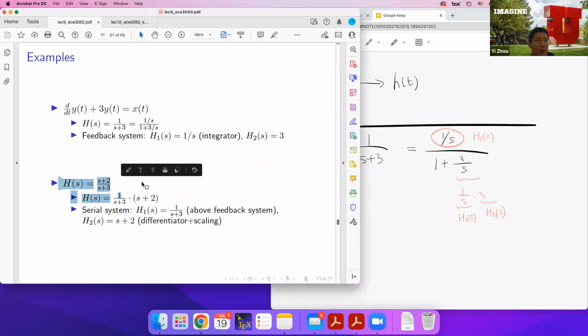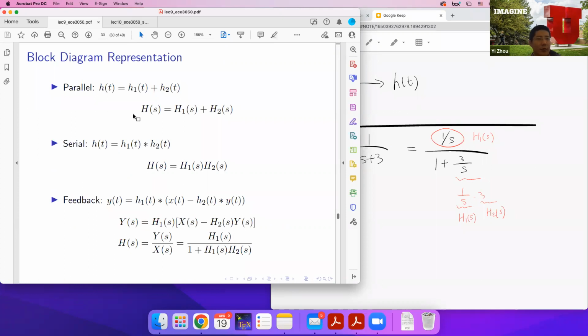And the other example is we are given a system with such a Laplace transform, and we can write it in this way. So we can view this as a product of two systems. So it falls into this template.